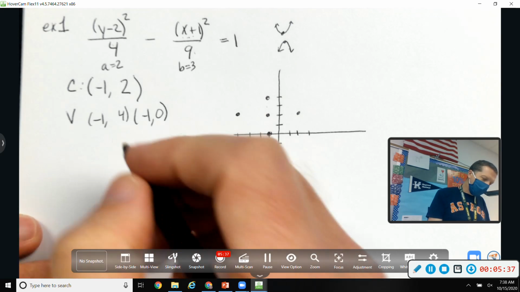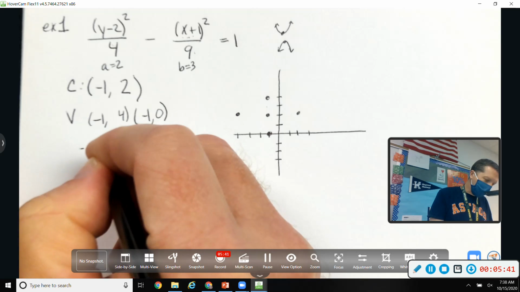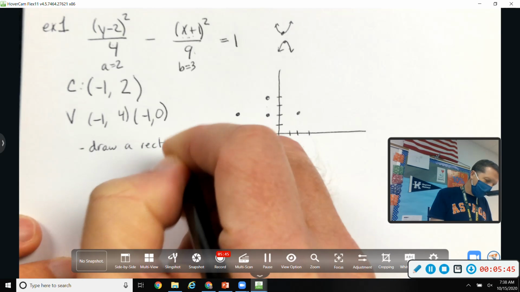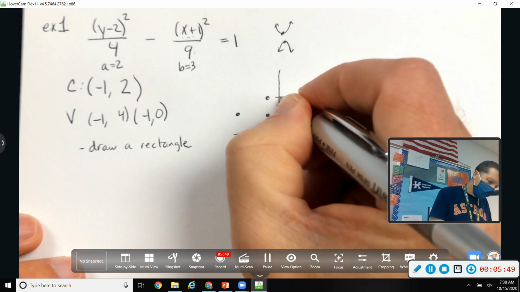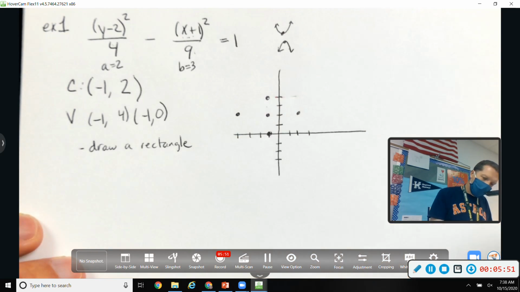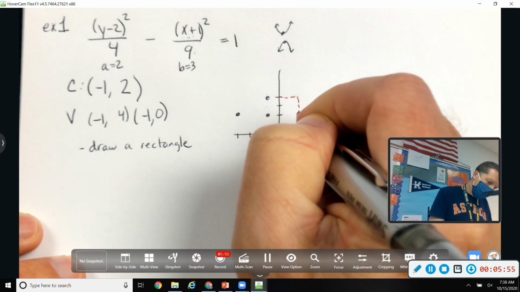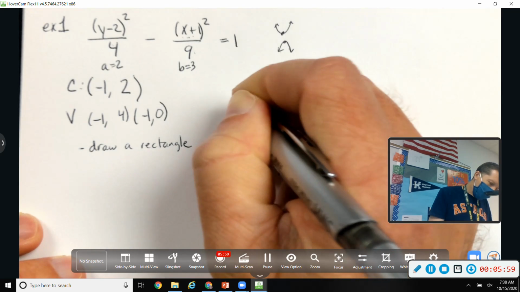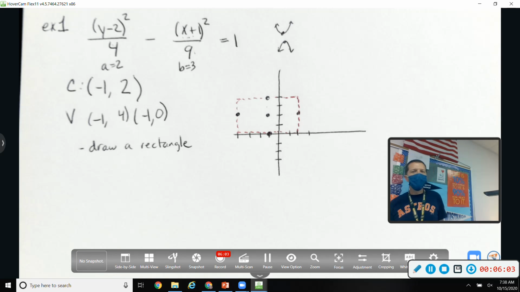Now, instead of making an ellipse, because it's not an ellipse, I want to draw a rectangle with those points. Draw the rectangle.